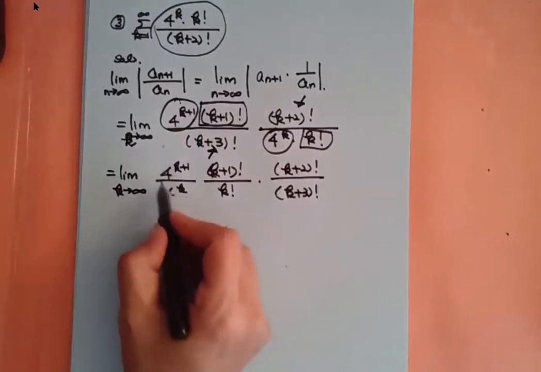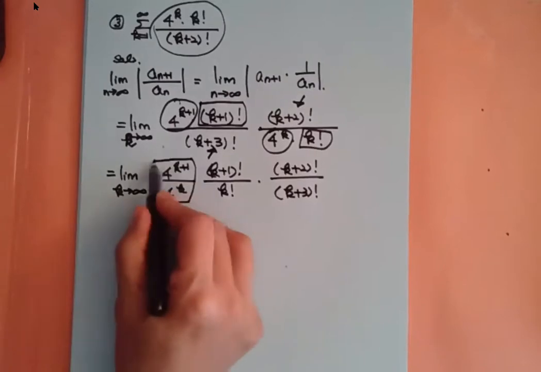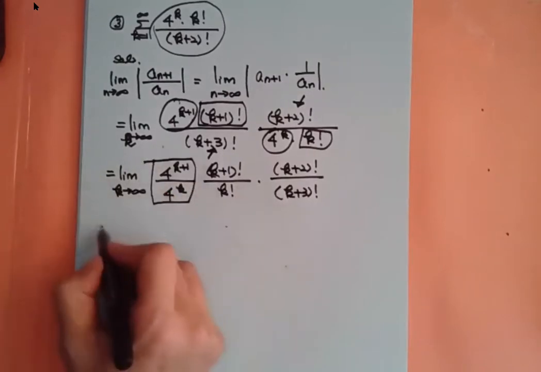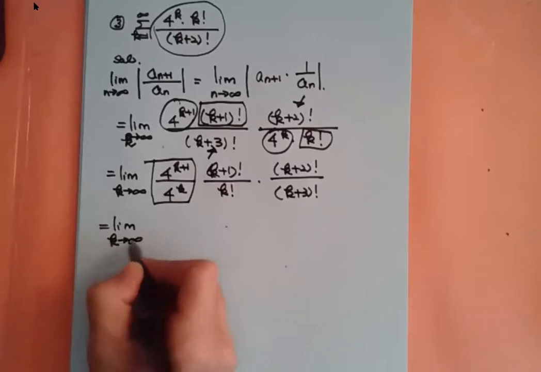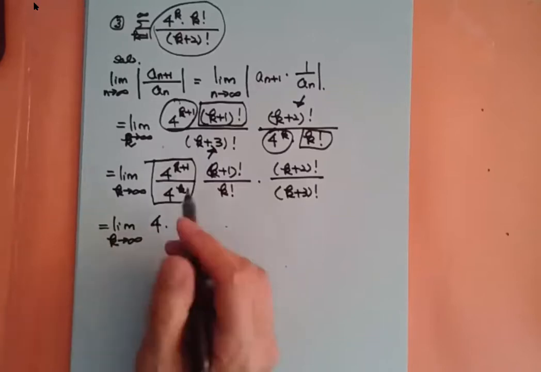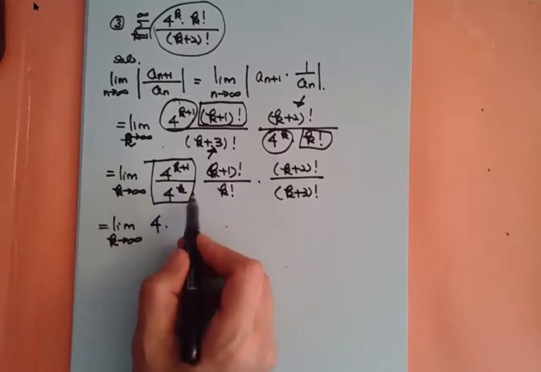When we simplify the first part of the fraction, we get 4, right? k plus 1 minus k.